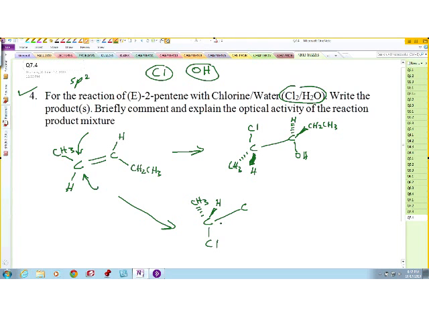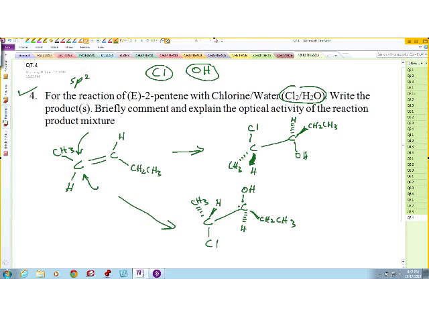From the top, because they must be opposite. Okay, those will be the two products.